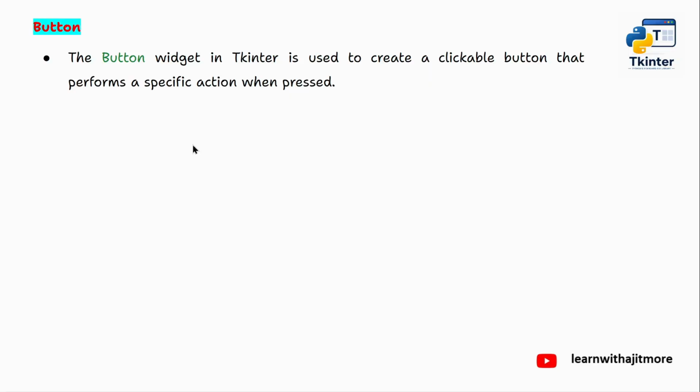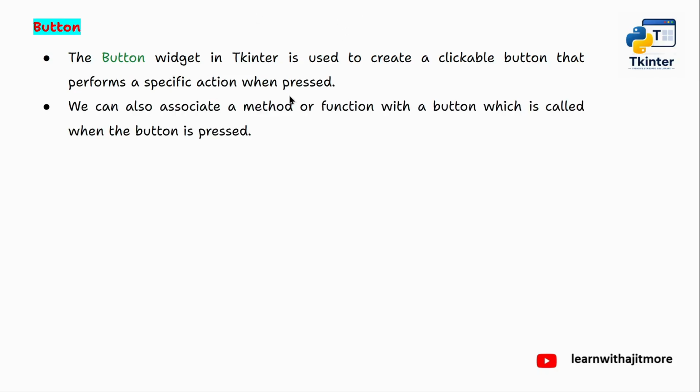So such functions are called callback functions. Callback functions means functions which are never called explicitly. They get called implicitly, and they are going to get called again and again. Okay? So what those callback functions are, we'll see.